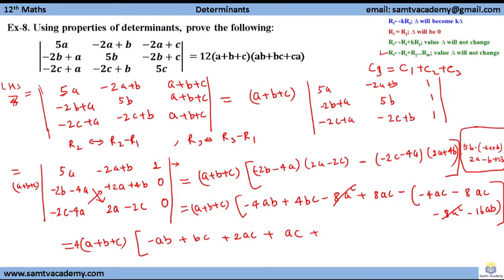It is not ac, I think some mistake is there. This is 4ac, when I have added this 2, minus 2ac minus bc, sorry, this is bc. So plus 4bc, and this will be plus 4ab.